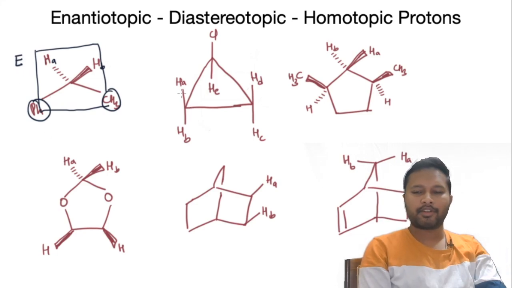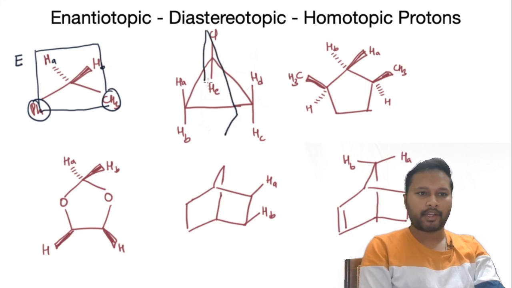Now let's talk about Ha, Hb, Hc and Hd. You cannot do anything with the molecule, right? You don't have any axis or anything. The only thing possible is a plane, and that plane will pass through the molecule in this way, from the center, that means from this particular carbon and from the center of this bond.